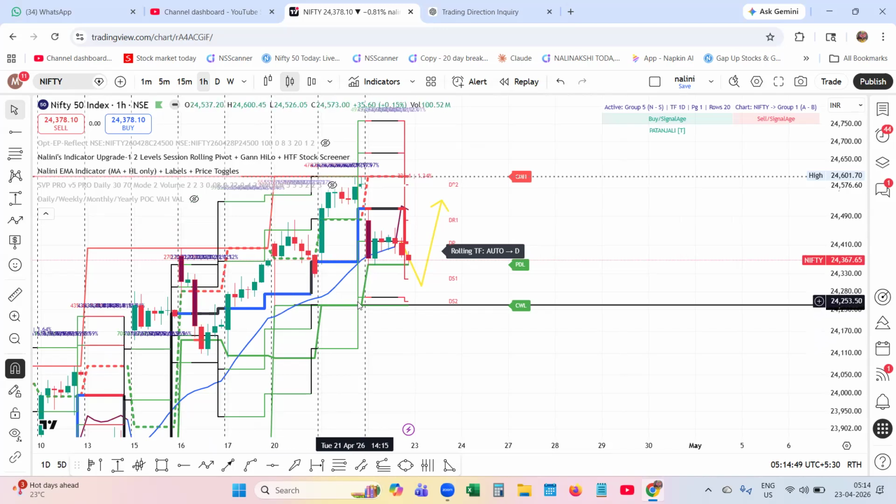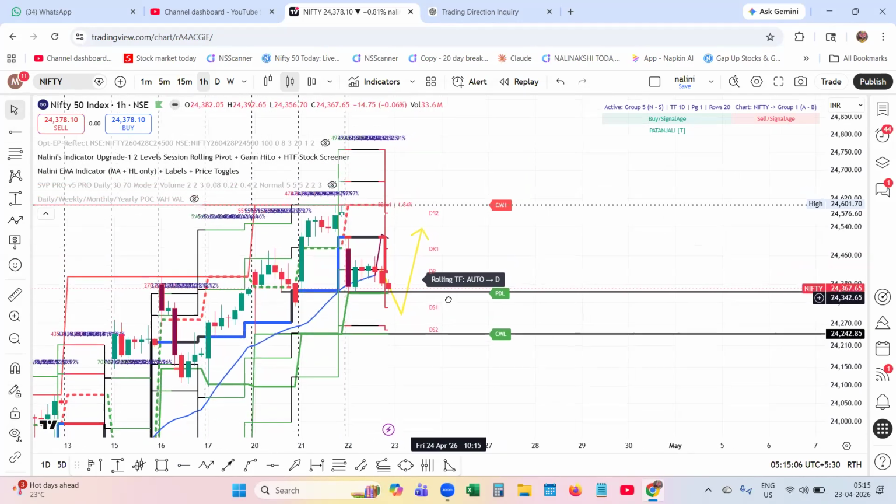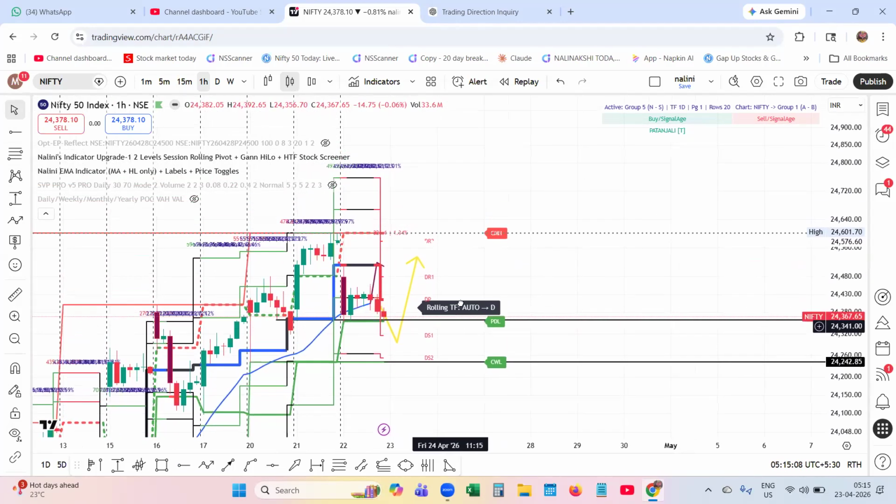The previous day low has started up, and this is the pivot running over here. And the next pivot is, see, here you can, let me take out the magnet.